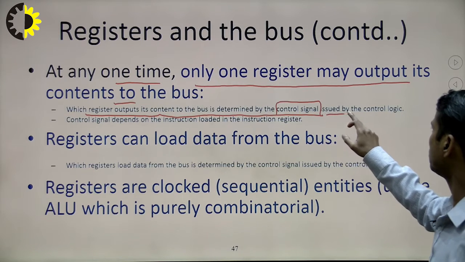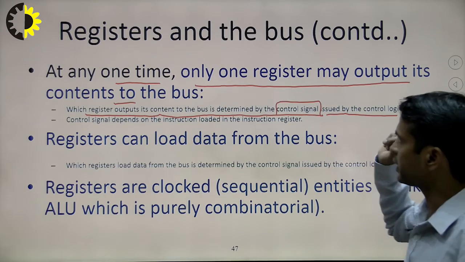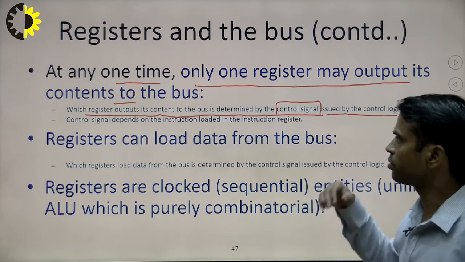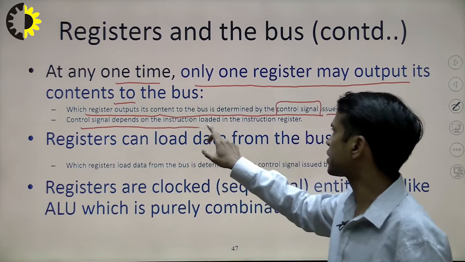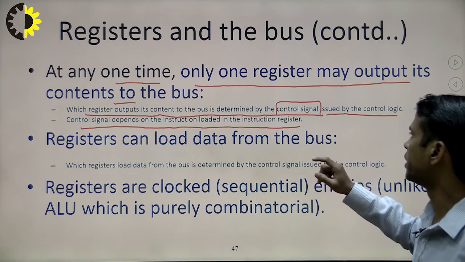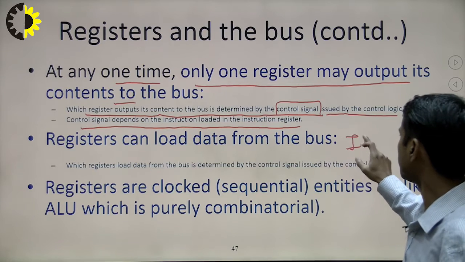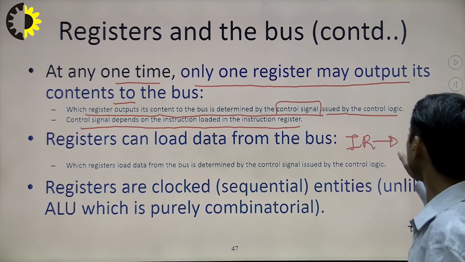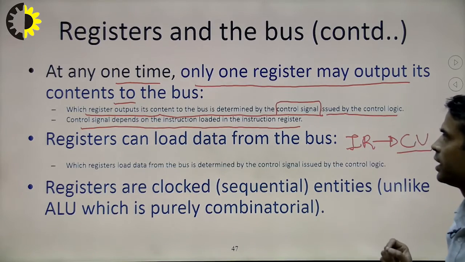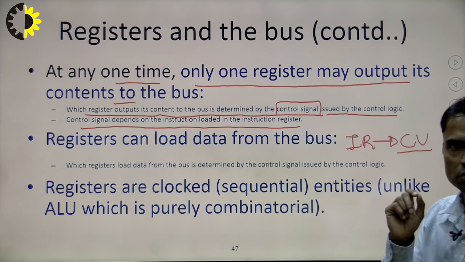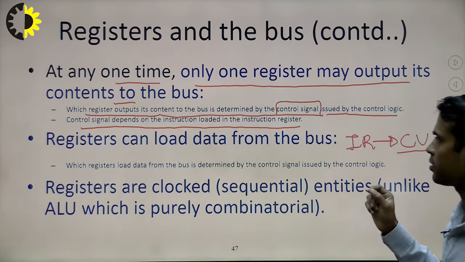So, when it is issued, the control logic will enable that particular register to transfer or initiate the data. The control signal depends upon the instruction loaded in the instruction register. So, IR is a register which sends data to the control unit, and this control unit interprets which particular register is to read the data and send it back to the bus.